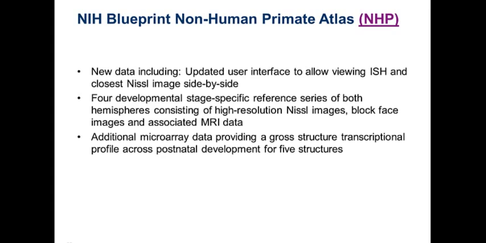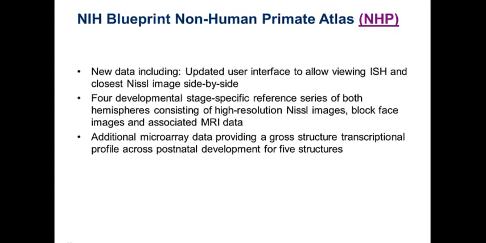So with this particular data release, we've updated the interface to allow you to see the in situ hybridization next to the closest Nissl image. Now, why this is important is because we don't have a reference atlas for this particular data set to allow you to see where it is in the brain.